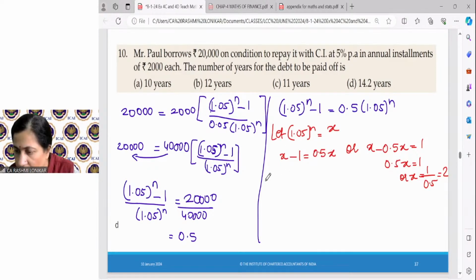Therefore x, which is equal to 1.05 raised to n, is equal to 2.